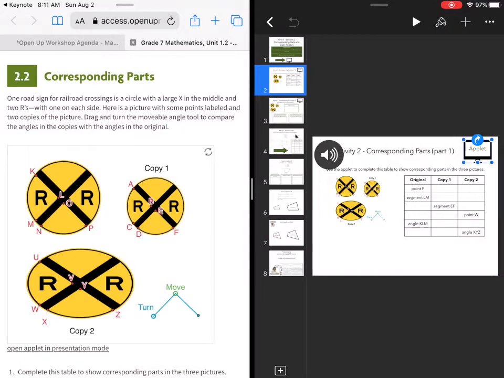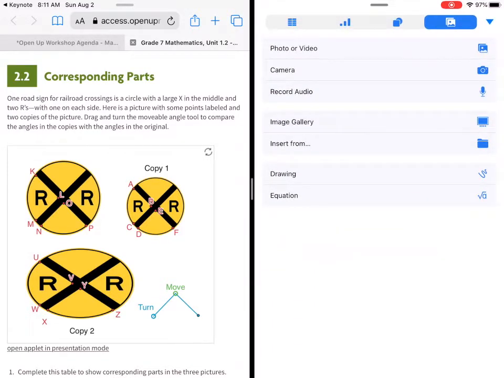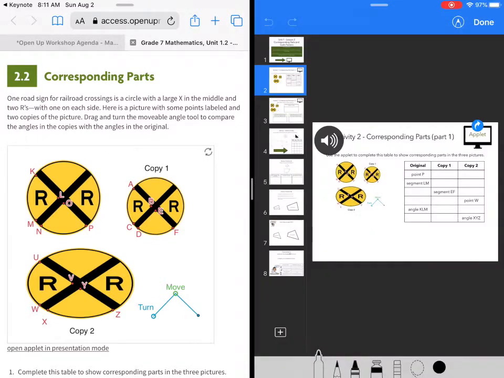So it says, what is the corresponding part of point P? So if I'm looking on my original, which is the very first one, P is this bottom dot.